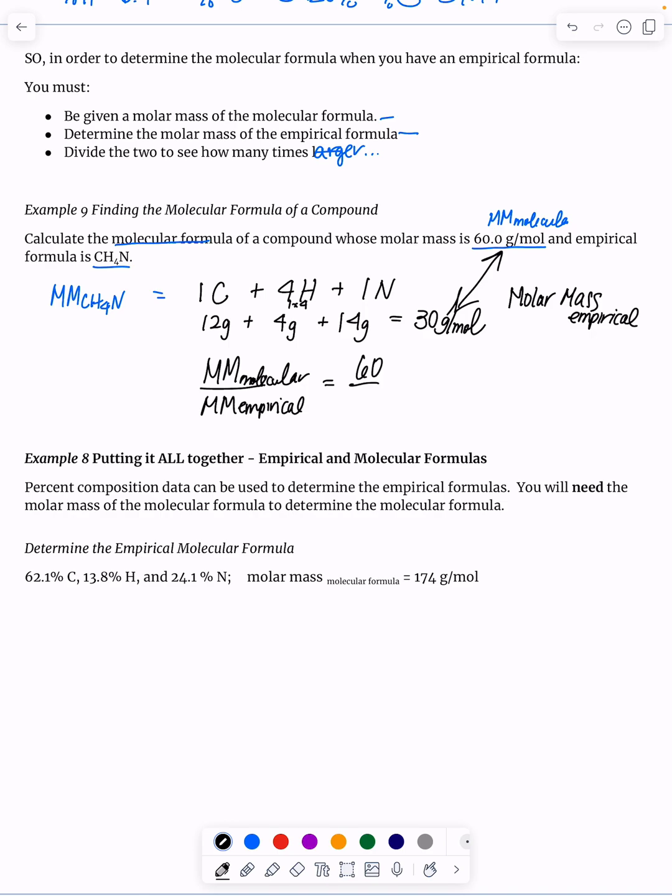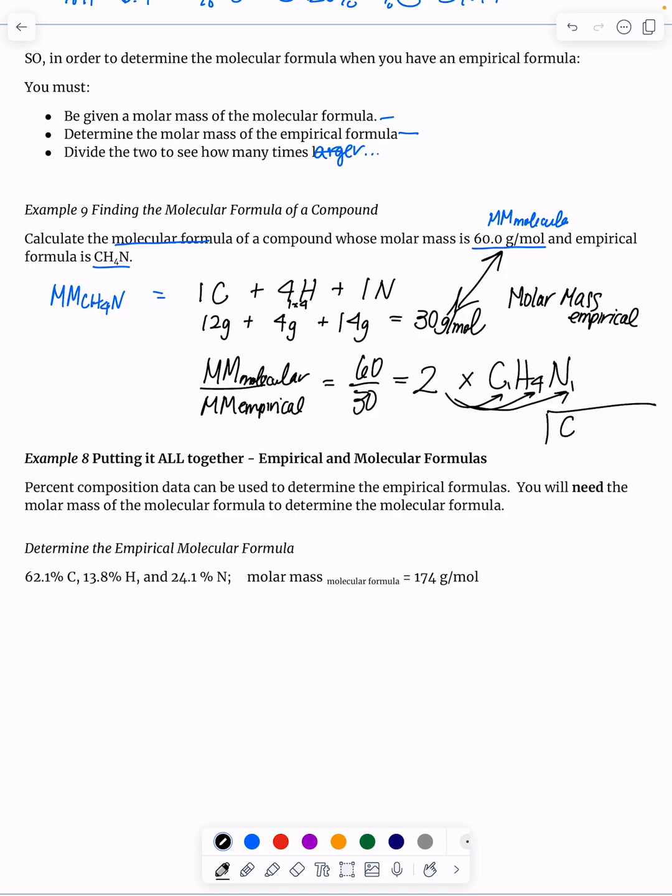So 60 divided by 30, and I get 2. So now how do I get my molecular formula? Well, I take this number 2 and I multiply it by all of the subscripts in my empirical formula. 2 times 1, 2 times 4, and 2 times 1 again.